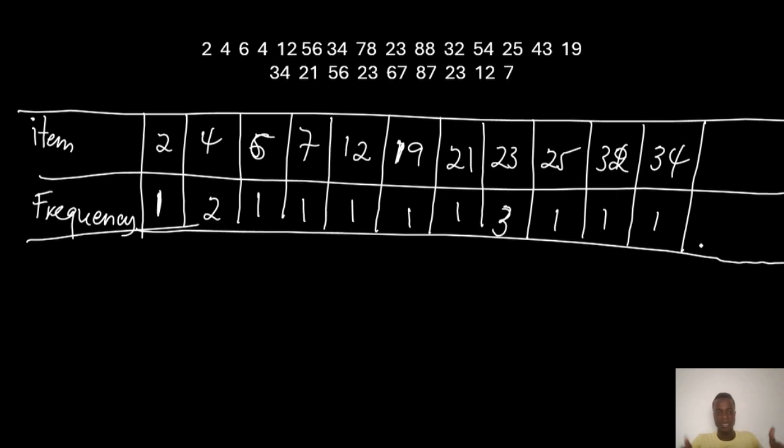Let's say from 0 to 10, we can count all the items in the data that fall within that range, so that we will not have to handle every individual item, because the individual items do not repeat much, and most of them appear once.